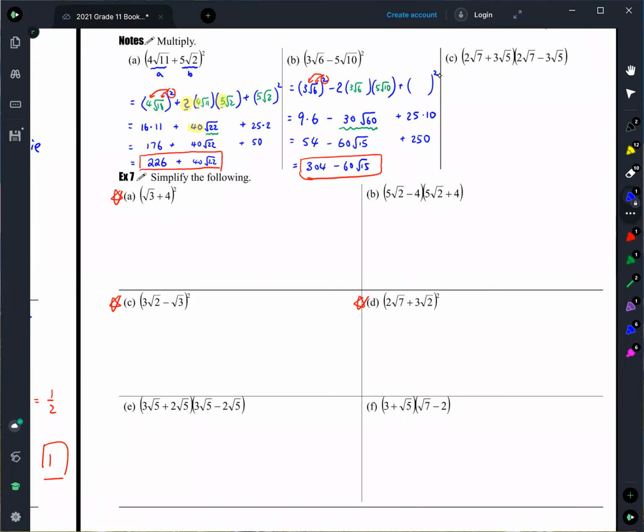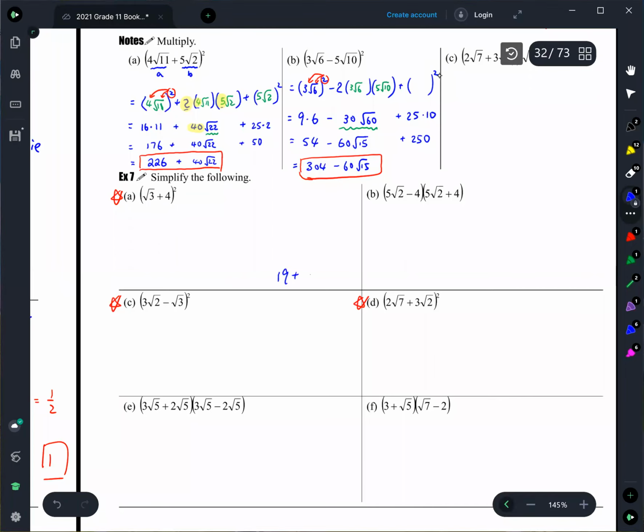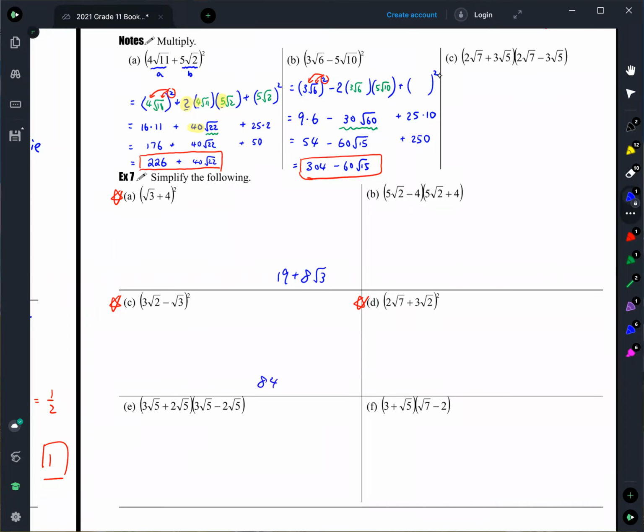Okay, I got 19 plus square root of 3. Great, thank you. And question C, Aaron, what's your answer for C? I got 84. Oh wait, no, that's B. We are not at B yet, okay? I only asked for A, C, D.